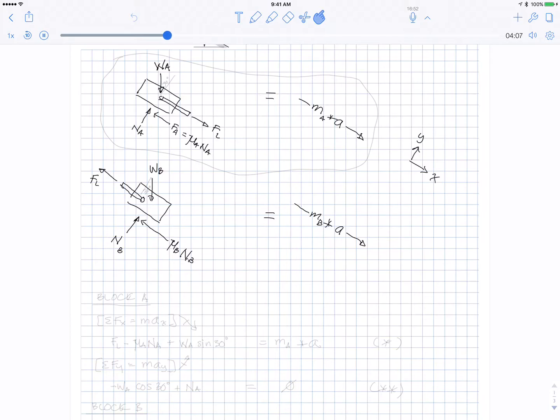Okay, so from block A, in the X direction, so take all the X components of these two pictures. So I'm going to do this one first. And I take all the X components of those.